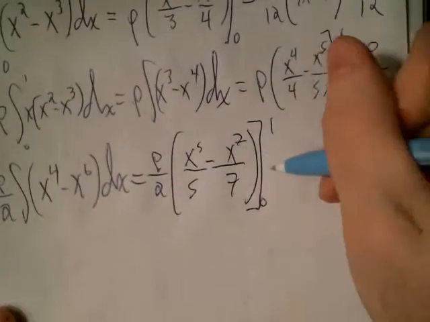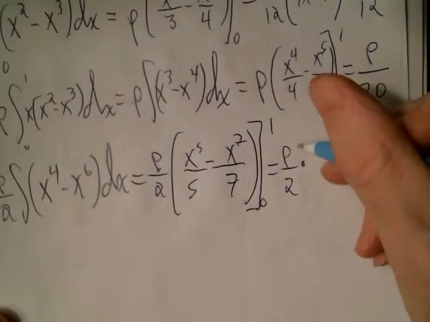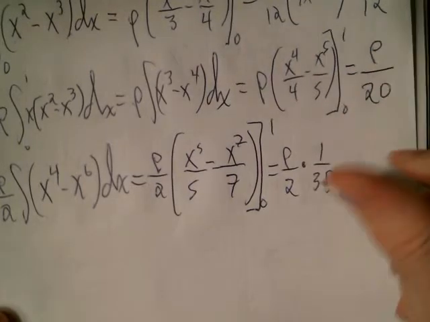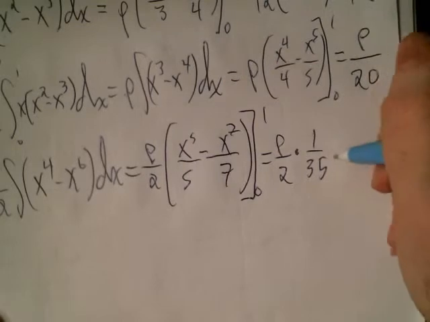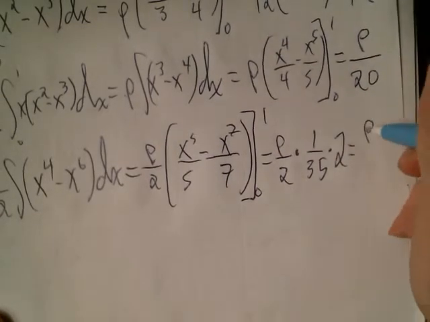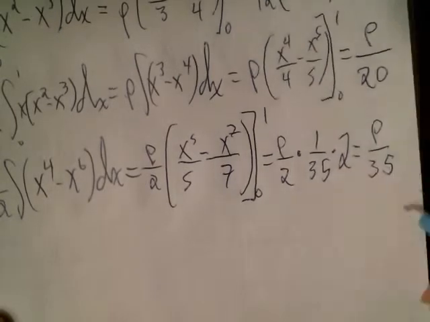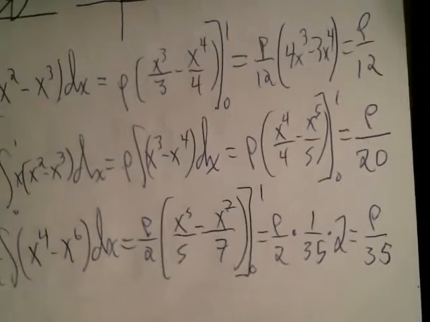And then this guy is rho over 2 times, I'm going to factor out 1/35. That'll leave me with 7x to the 5th minus 5x to the 7th, in other words, 2. So times 2, I ended up with rho over 35. After my quick integration, because I've done these problems like 100 times.